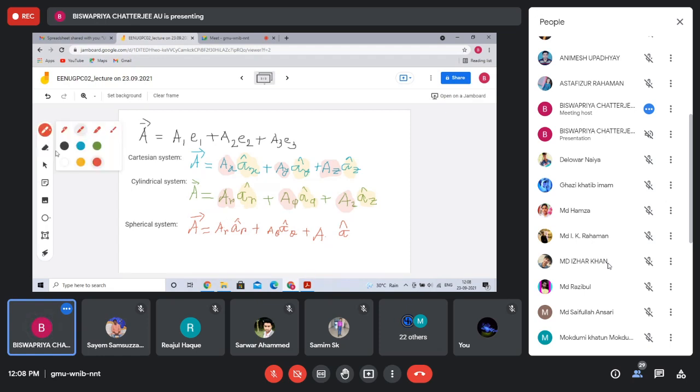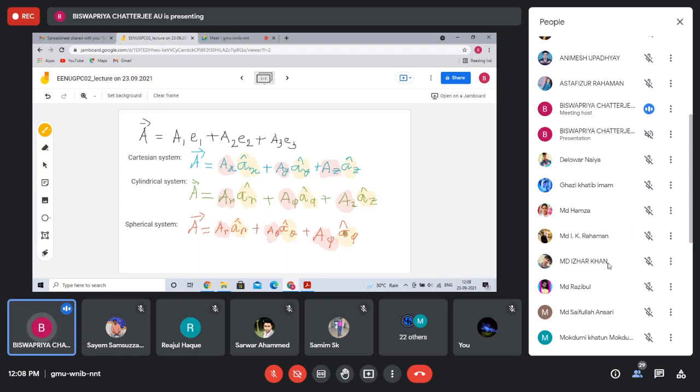The ones highlighted in red are the magnitudes AR, A theta, and A phi, and those highlighted in yellow are the unit vectors along the respective directions R, theta, phi.